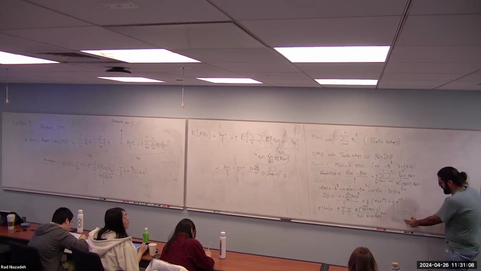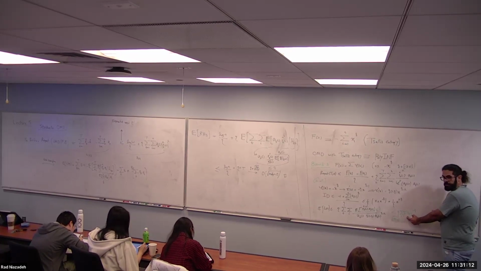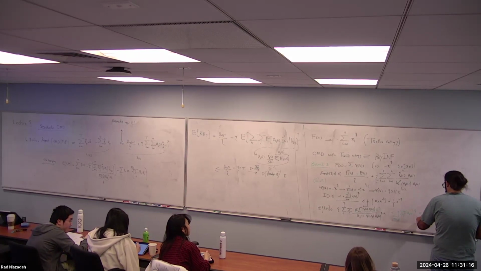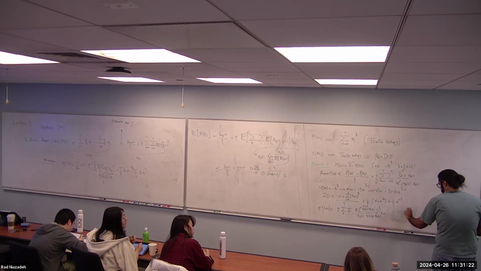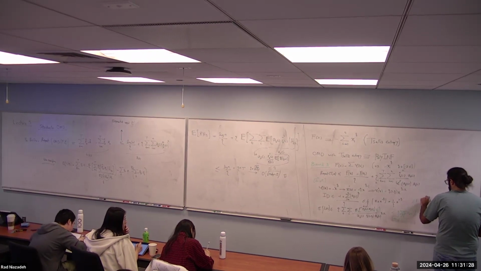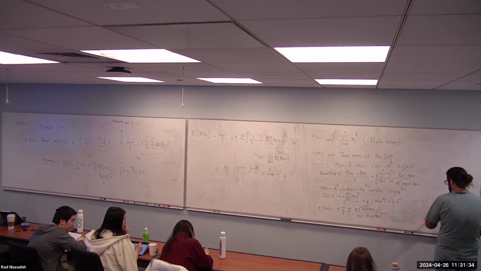And then each term of this form is again maximized if you have uniform distribution. So it's upper bounded by eta over q times 1 minus q times n times 1 over n to the power 1 minus q, which is n to the power q. So eta divided by this thing times t times n to the power q.